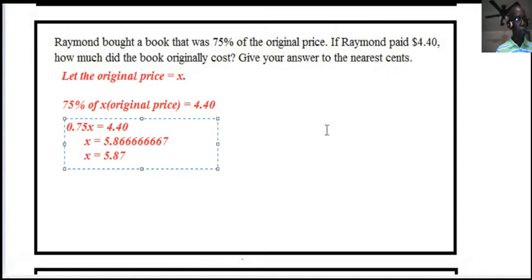X equals approximately 5.86666667. Round to the nearest cents. We get the original price to be $5.87.